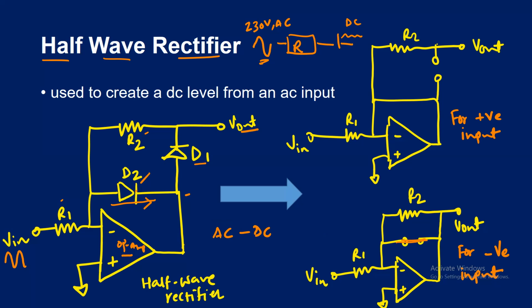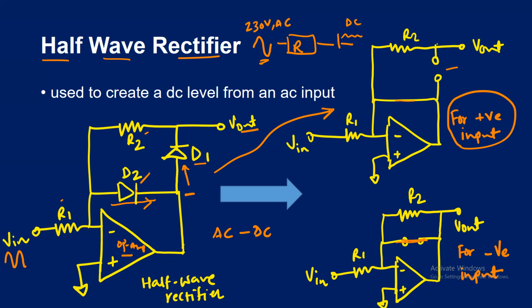For a positive value of the input, you get a negative at the output, making this diode forward biased, and the circuit looks like this, where you see that the diode has been replaced with a short circuit right here, and this diode, with the negative at its anode, becomes an open circuit, right? So this is the case for the positive input.